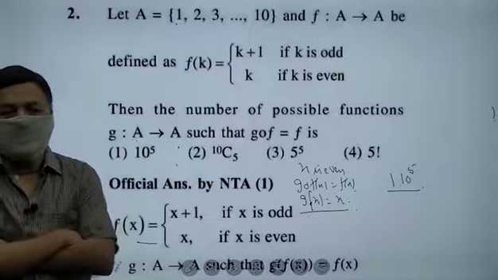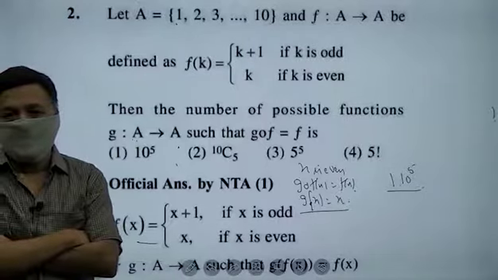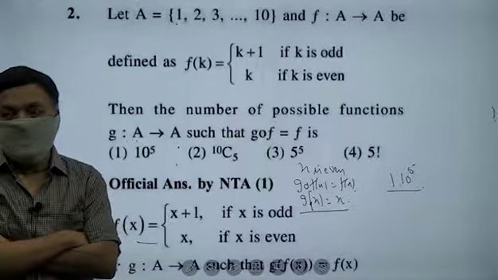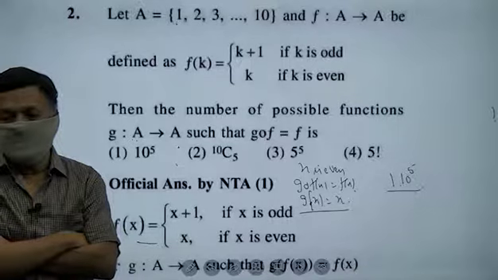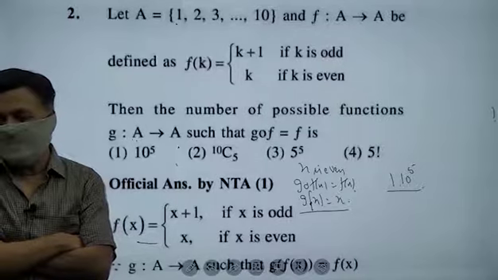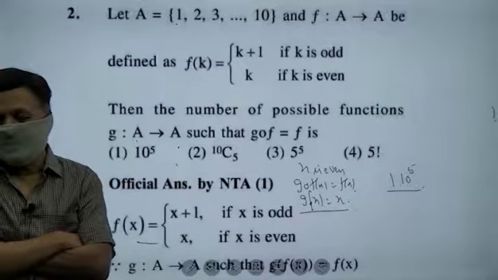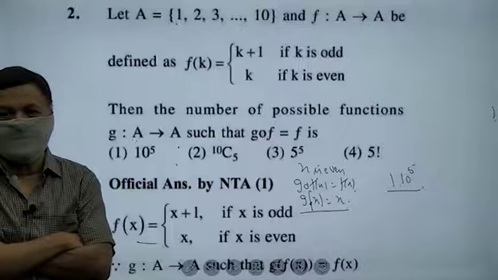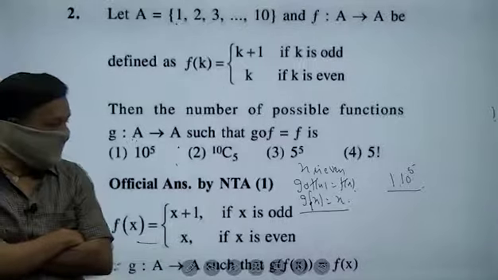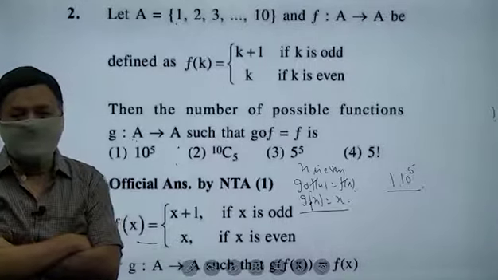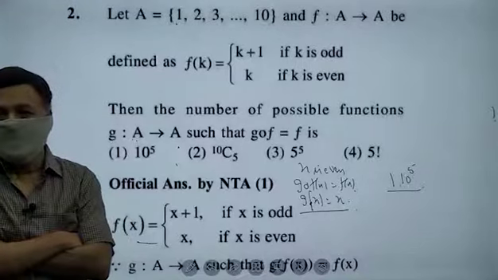Therefore, g of 1 can go in 10 ways, g of 3 can go in 10 ways, g of 5 can go in 10 ways, g of 7 can go in 10 ways, g of 9 also can go in 10 ways.